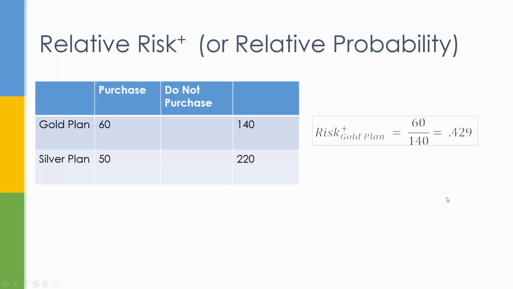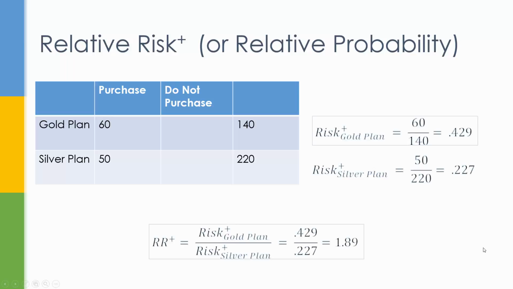So the risk of a positive outcome given you've taken the gold plan is 60 out of 140, or 0.429, about 43%. That's pretty good. And then for the silver plan, the risk of that positive outcome is 50 out of 220, or 0.227. And then the relative risk would be 1.89, just the risk of the positive outcome from a gold plan versus the silver plan.